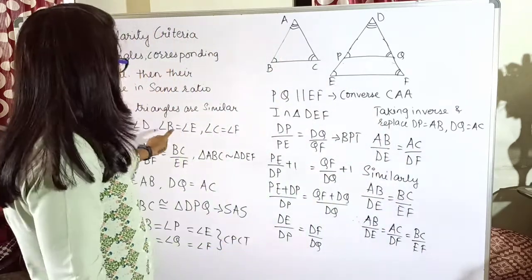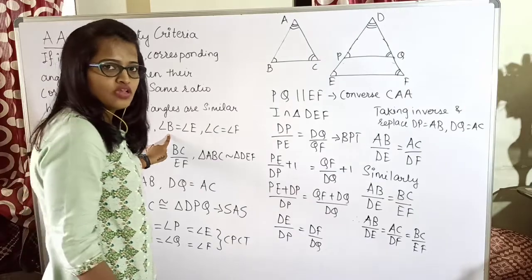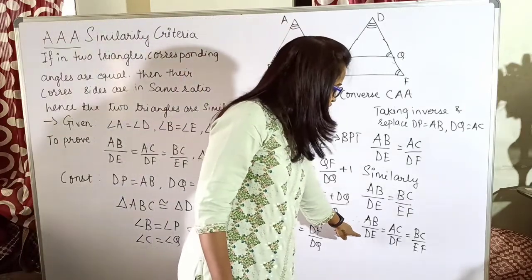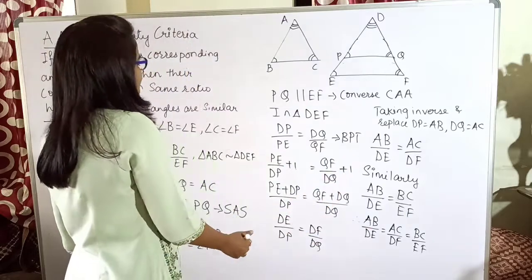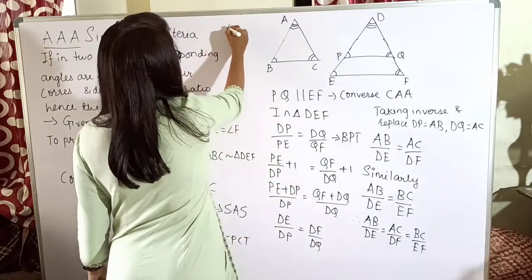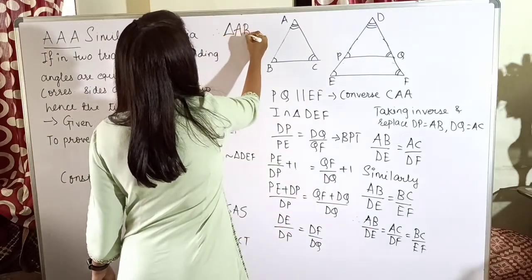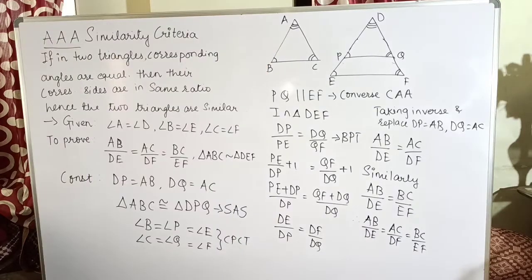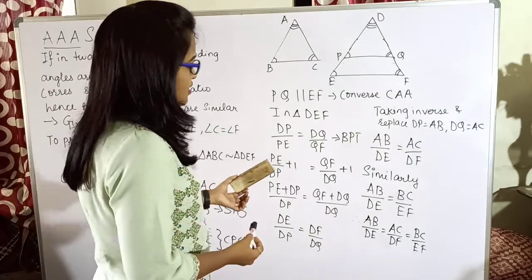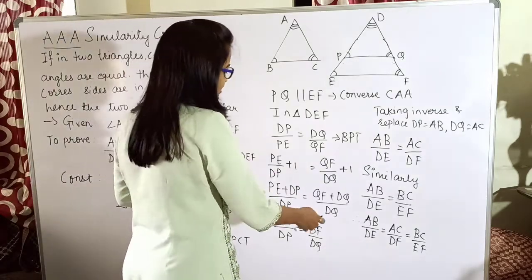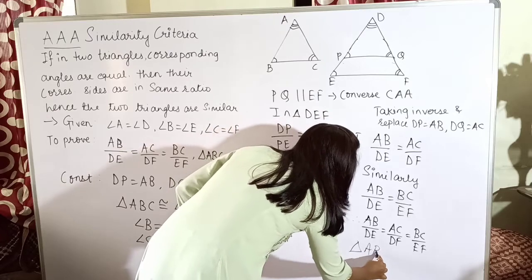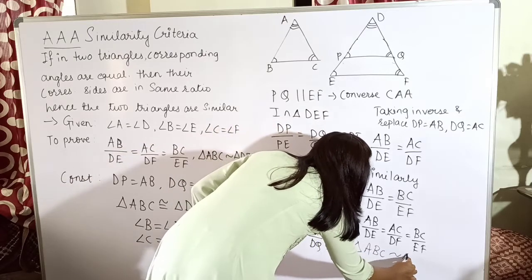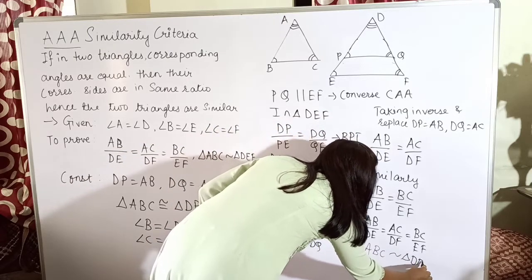And since all three angles are equal, also we have proved all three sides to be the same ratio. So lastly we can write, hence triangle ABC is similar to triangle DEF.